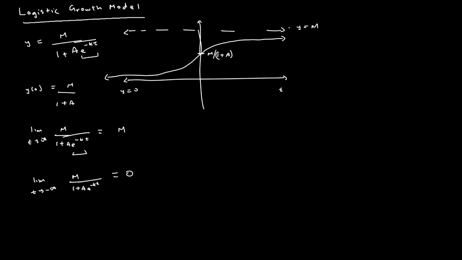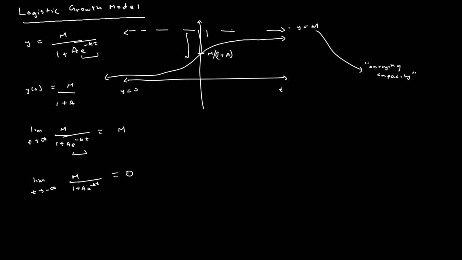And if you think about this through the lens of modeling population growth, we can think of m as the carrying capacity, that is the maximum population capacity in whatever model we have. Initially, when we're far away from this carrying capacity, we grow really fast.